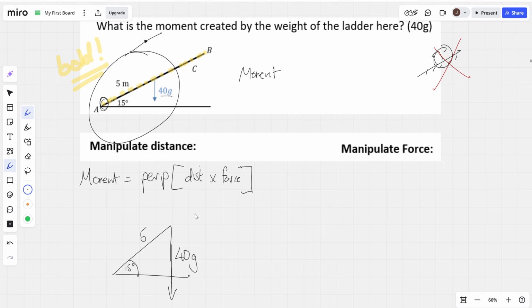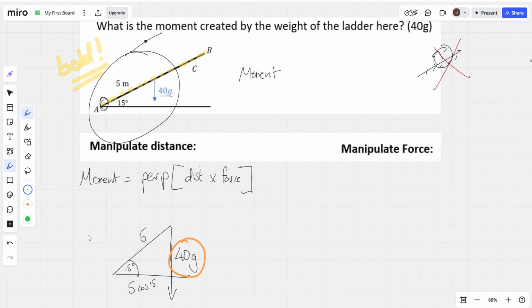Now I need the distance and the force to be perpendicular to one another. So I'm going to keep my force like this. But the problem is this distance is not perpendicular. So I'm going to say that in this situation, this adjacent one is 5 cos 15.